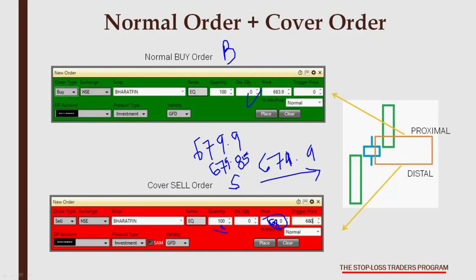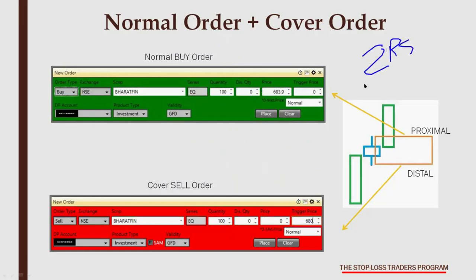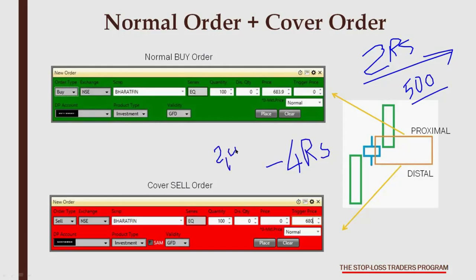So are you clear with this much? This is the exception there. All right. Now in this candle, see what happened.